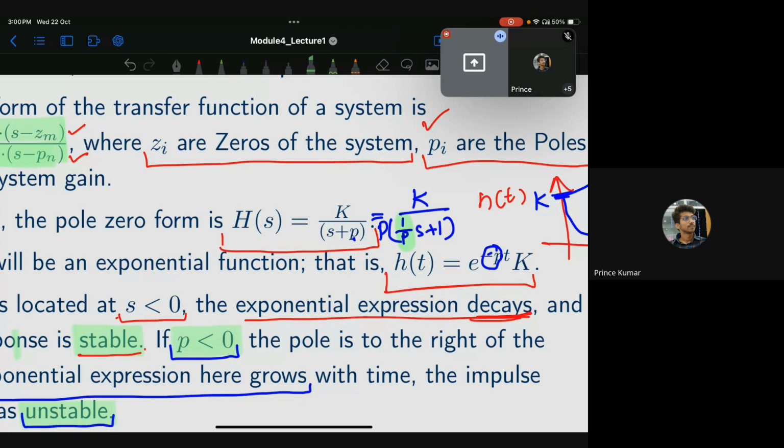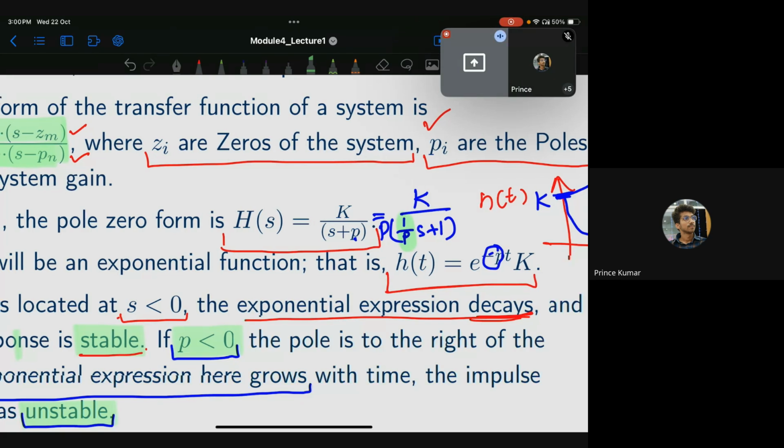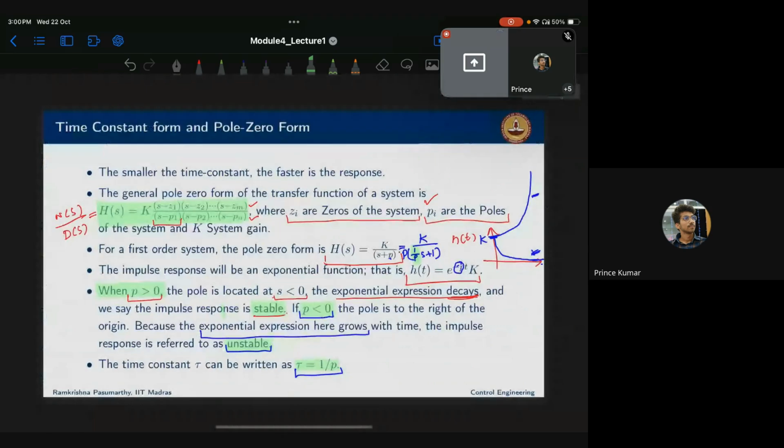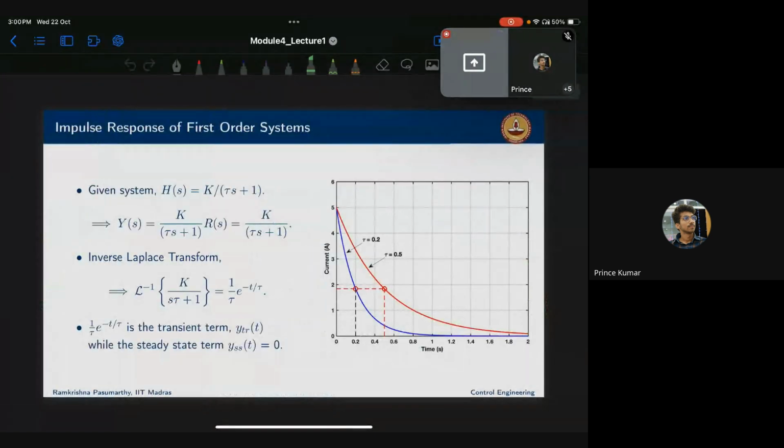Hence tau is equal to 1 by p. That is the time constant and pole relation. Time constant and pole are inversely proportional. Hope this is clear. So this is the transfer function we have.